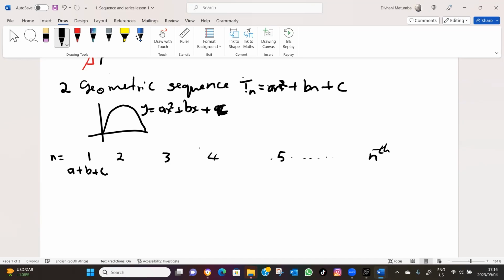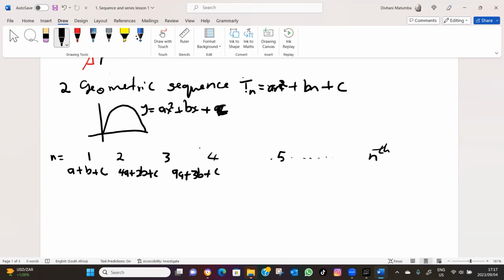Second term, you will get 4a plus 2b plus c. Third term, you will get 9a plus 3b plus c.